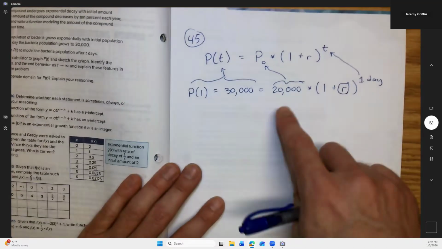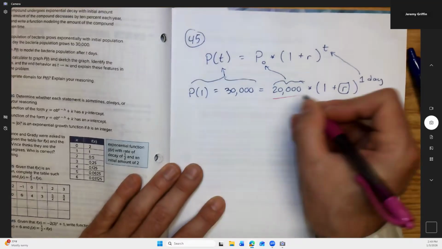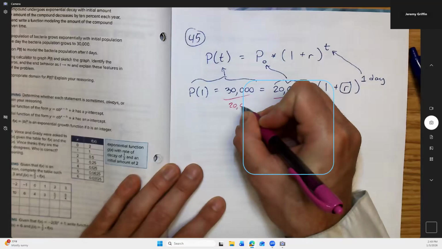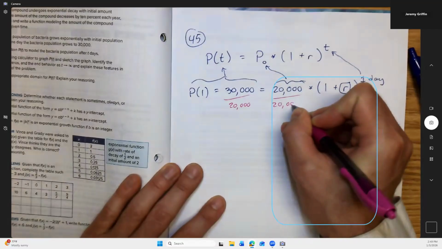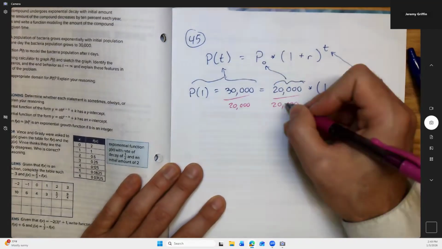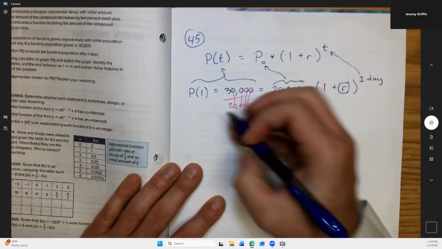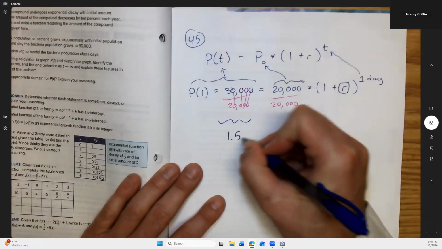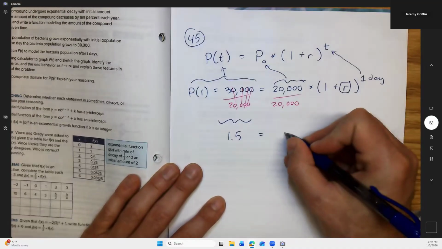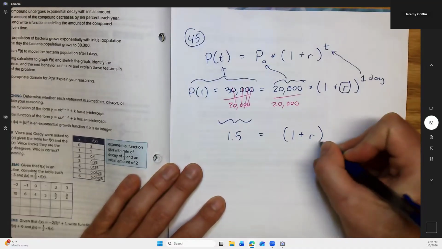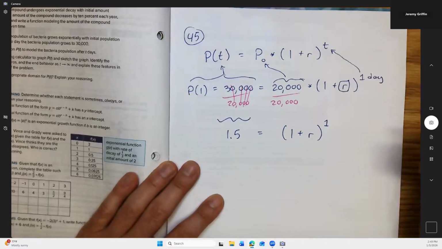Let's figure that out. I'm going to divide both sides by 20,000. Now over here, 30,000 over 20,000, 3 over 2, that's like 1.5. So 1.5 equals 1 plus the growth rate to the power of 1 for one day.